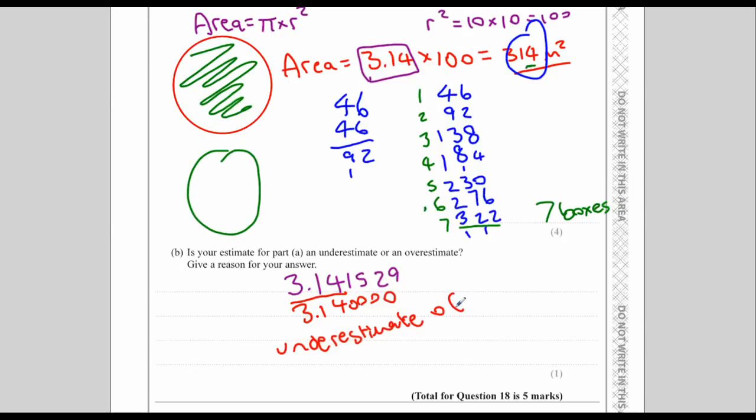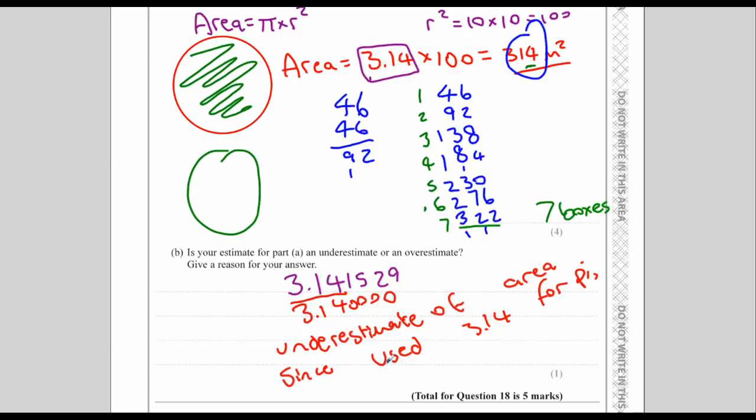of area since used 3.14 for pi. Pi is spelt P-I, not P-I-E, the food. Okay.